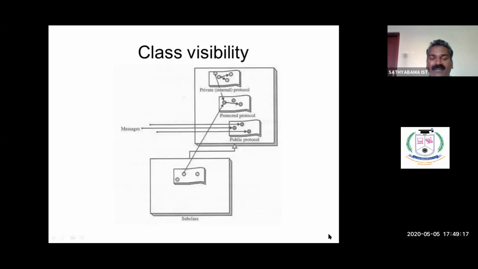Below is a subclass which can access the protected protocol, accessing the object of the particular protected object. Then the public protocol, the data object which can be accessed by the outside world. So it provides an interface and provides access to other objects also.